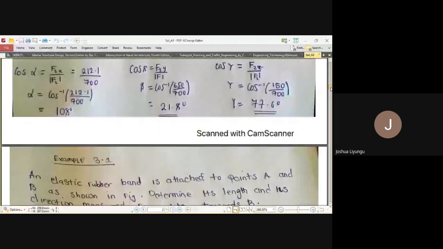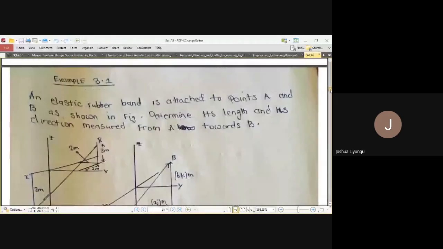Okay, let me go to Big Blue Button, close that, share the window, the PDF. I'm sure you are now able to see the question.